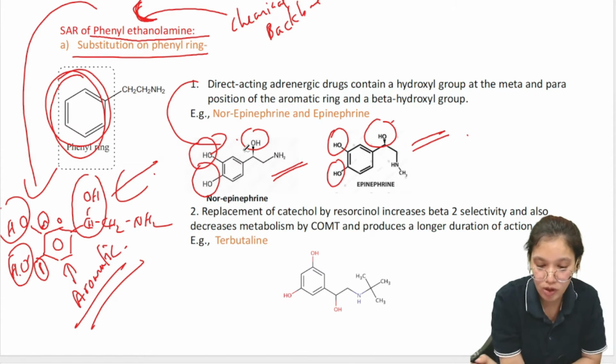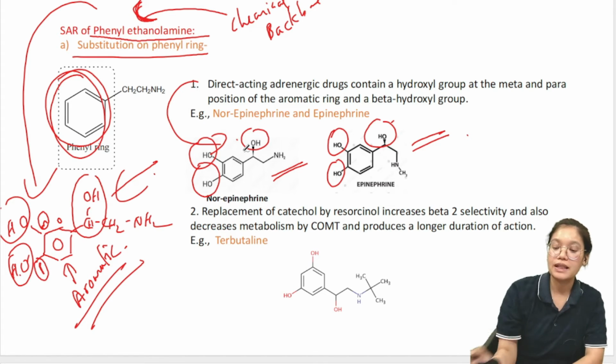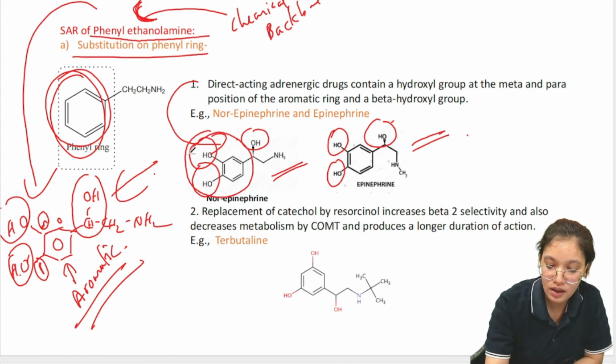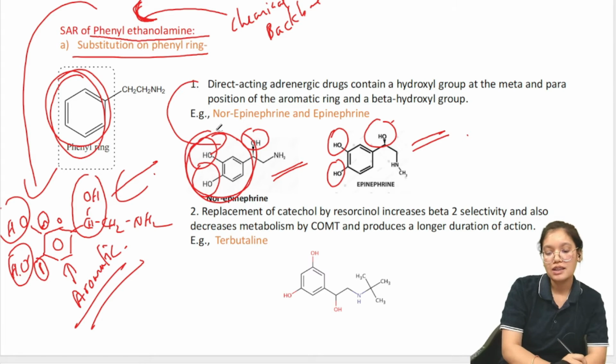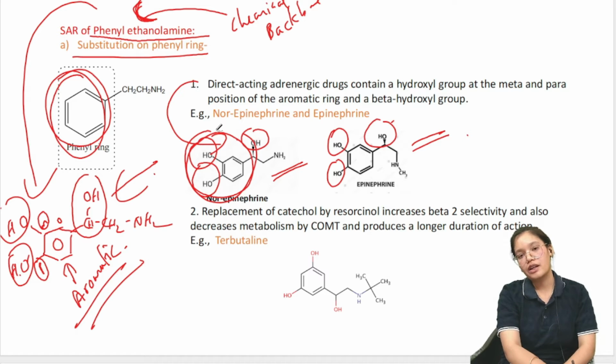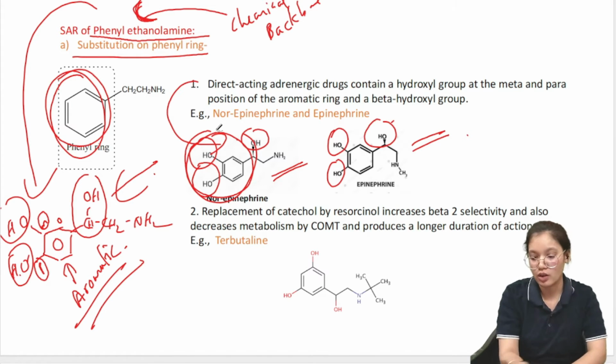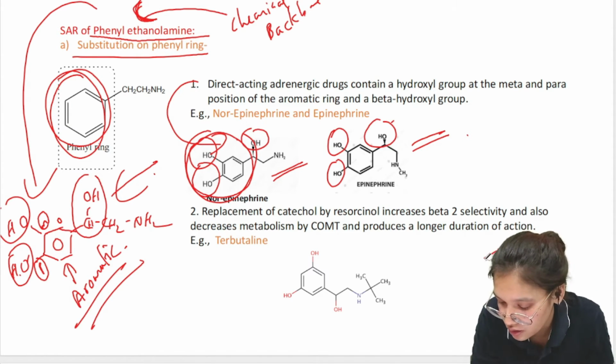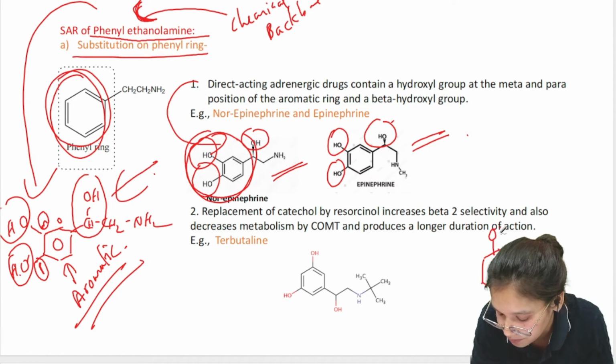Now moving forward, if we replace this catechol moiety, as we know in catecholamines we have a catechol moiety. If we change this catechol moiety with resorcinol, so what is resorcinol? Resorcinol is just similar to catechol, just the position of OH changes.